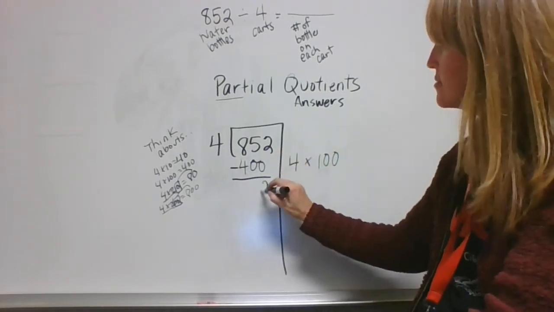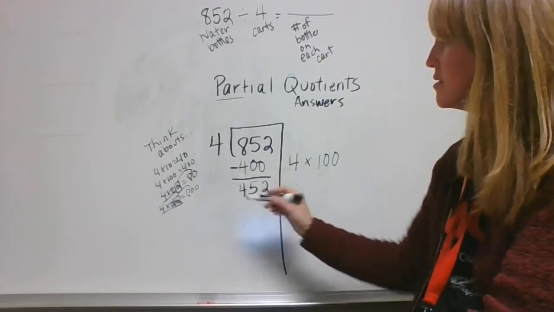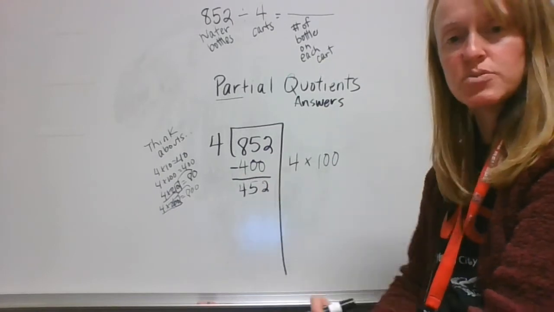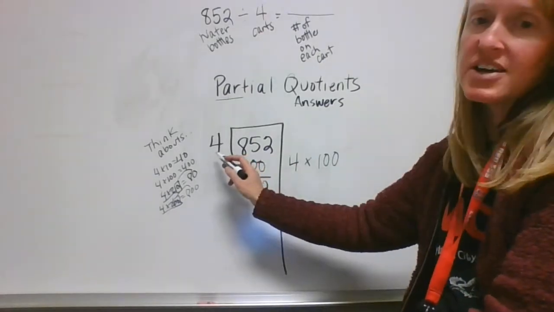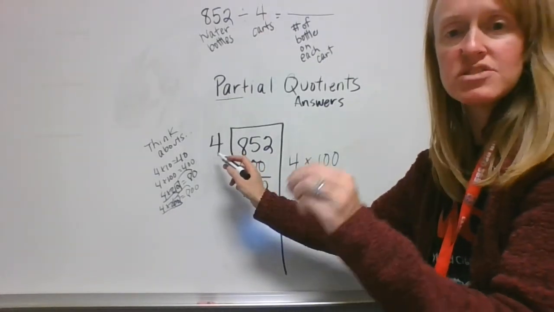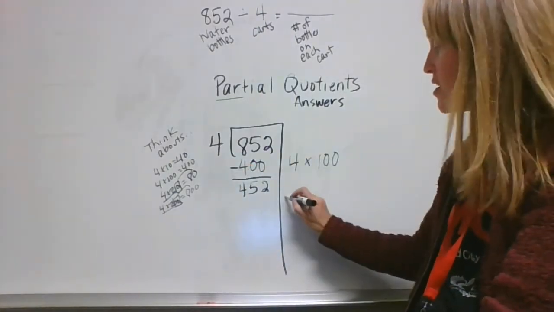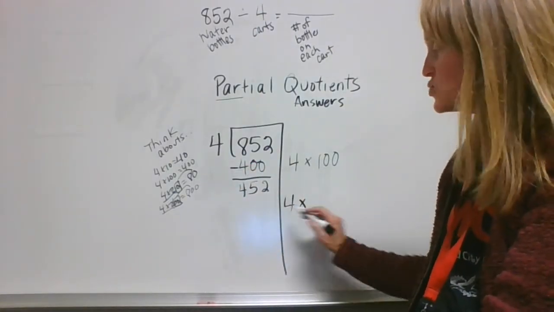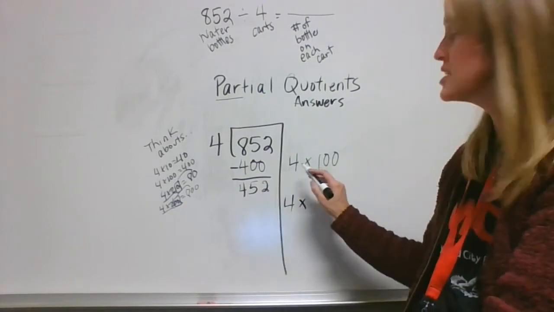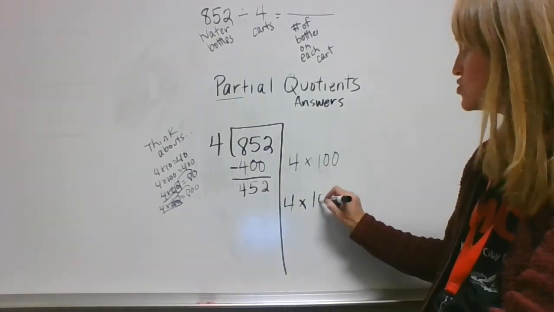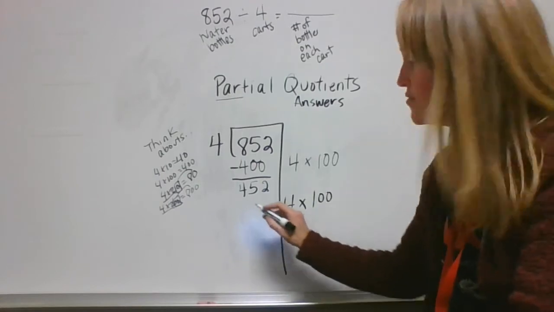Let's find out. I'm left with 452 bottles. Now I want to share some more. I'm always going to take my divisor. I have to share into 4 groups. So I'm going to think, 4 groups of what will get me close to 452? I think I could do this again. 4 times 100, that's going to equal 400.